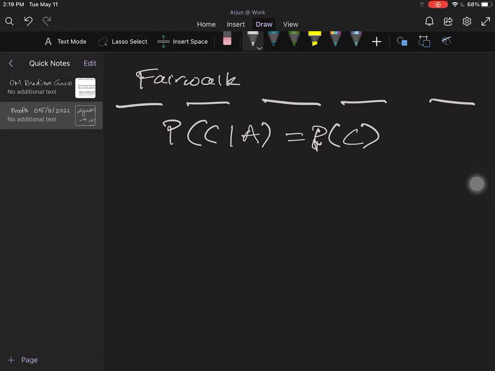So which means that it's okay if the prediction accuracy for, let's say, female is very poor, while the prediction for male is correct. That's okay as long as the prediction is independent of gender. Yes, that's correct.